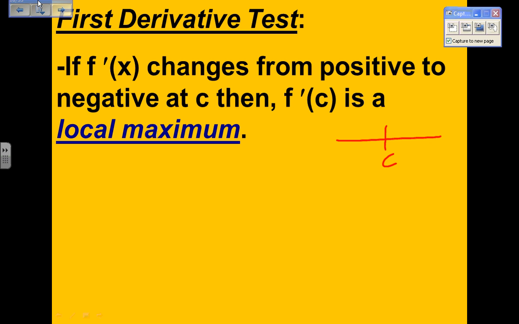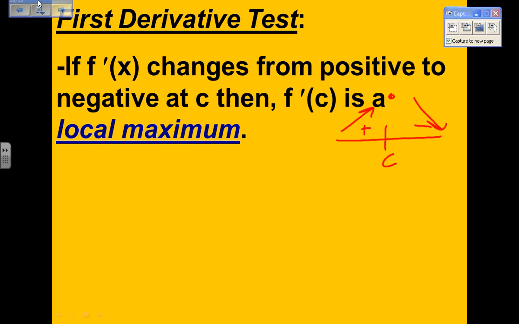If you have C, and the first derivative test is positive and a negative, that means on this side the function is going up, doesn't it? And on this side the function is going down, doesn't it? Well, that looks like a peak, correct? A maximum. Does it have to be the absolute maximum? No. That's why the word local means in the area. Okay?